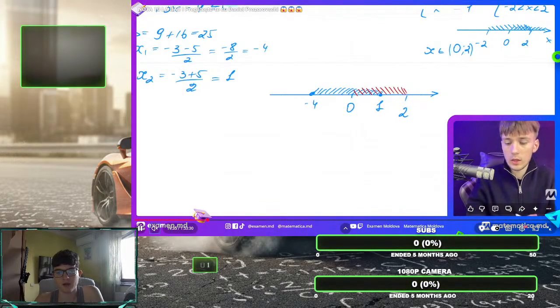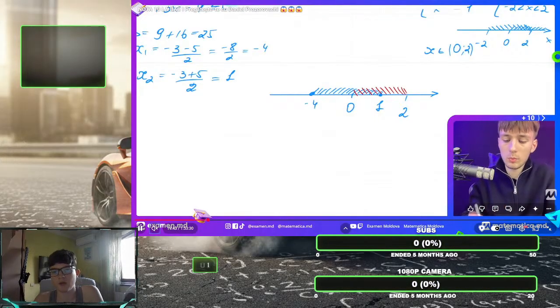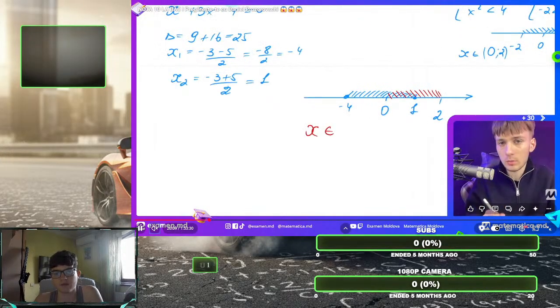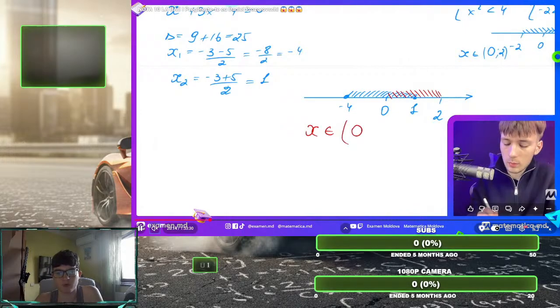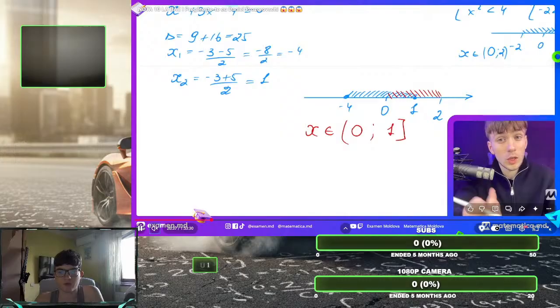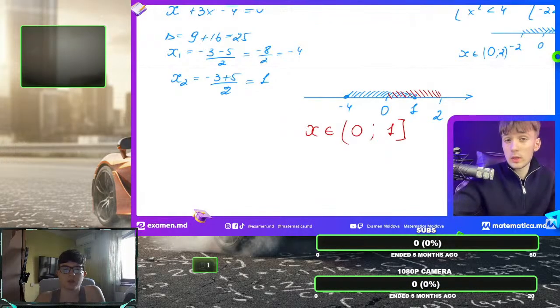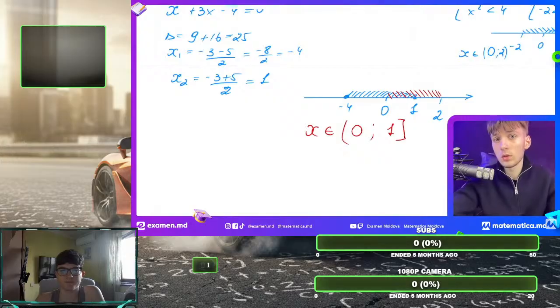So that is the value. The 0 has the normal parenthesis, the 1 has the parenthesis that is not normal, and that's that. We put the union sign, from 0 to 1 like that. That's essentially the interval right here.